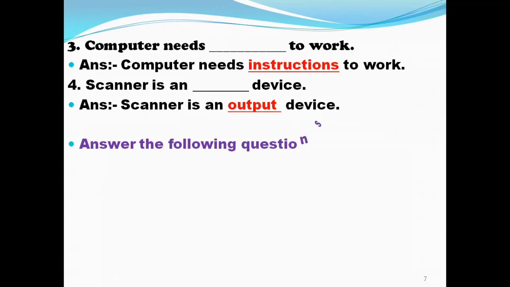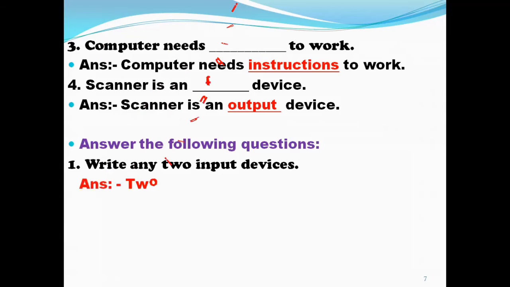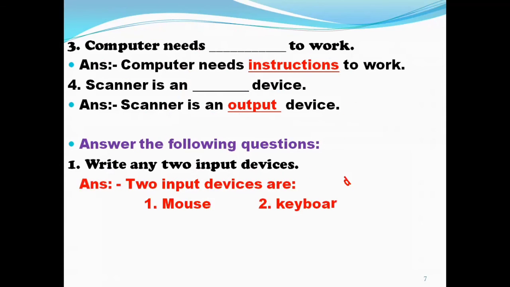So next question is: answer the following question. There are some questions. You write yourself. Write any two input devices. Write in your copy. Okay, the answer is: two input devices are, 1, mouse and keyboard.